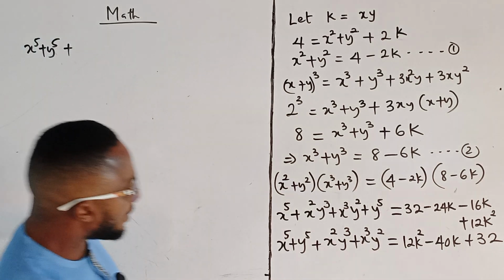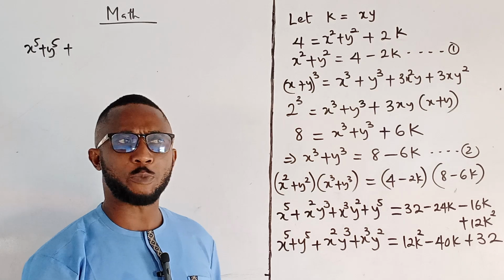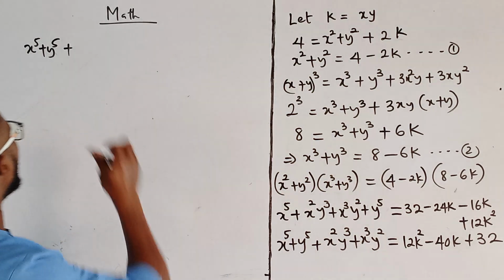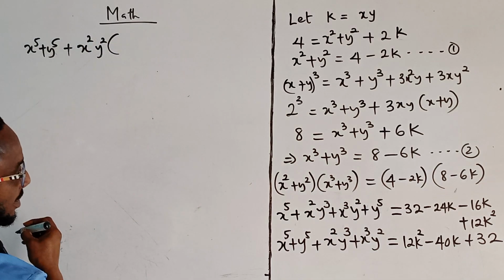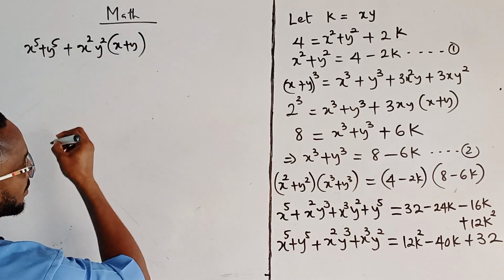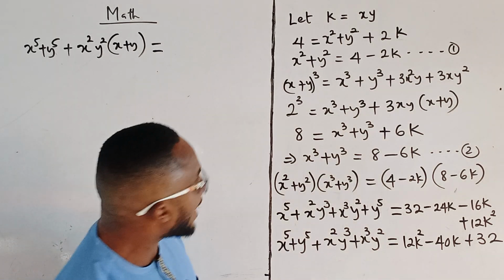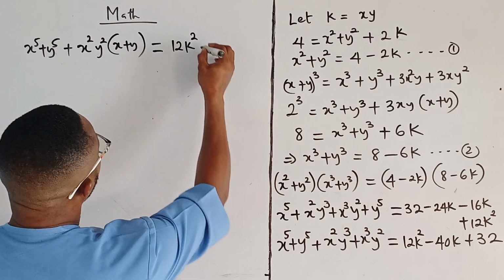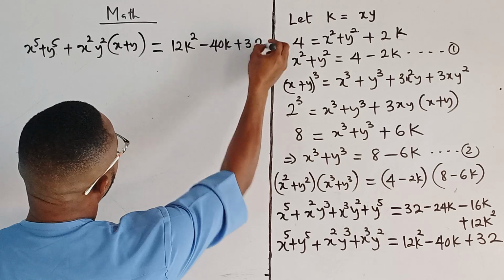Then, like I said, I want to factor out something here. I think x squared y squared is common. The HCF of these two is x squared y squared. I'll write x squared y squared, open a parenthesis. If I divide, I will have x plus y left. Then on the right side, I have 12k squared minus 40k plus 32.